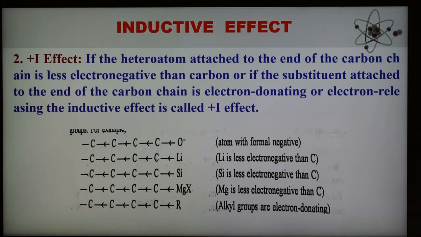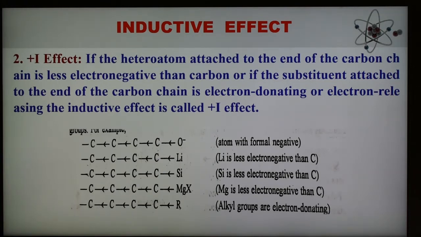So tertiary butyl has greater plus I effect, then isopropyl, then n-propyl, then the ethyl group, then methyl, and then hydrogen. So this is the decreasing order of plus I effect.